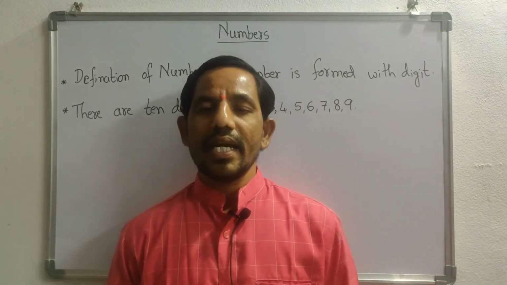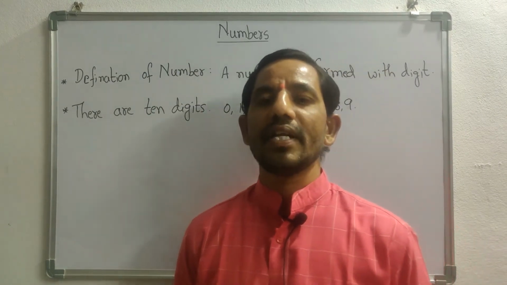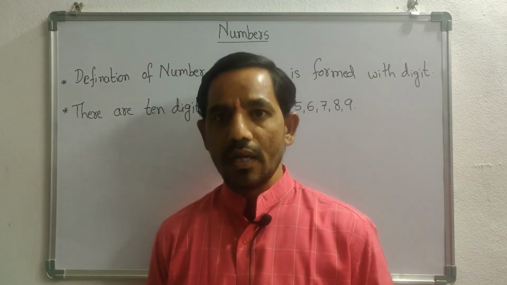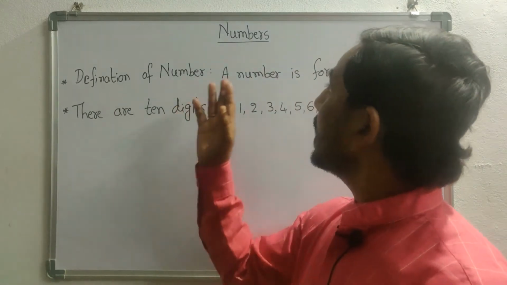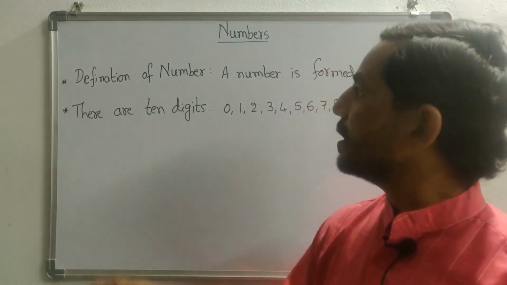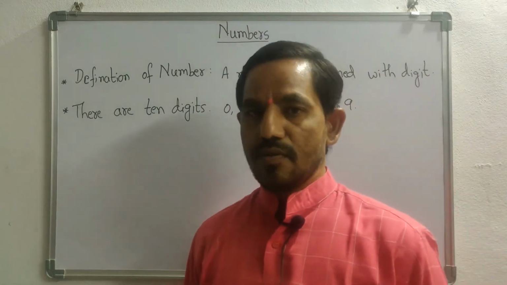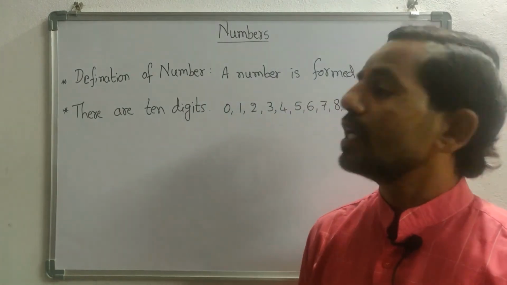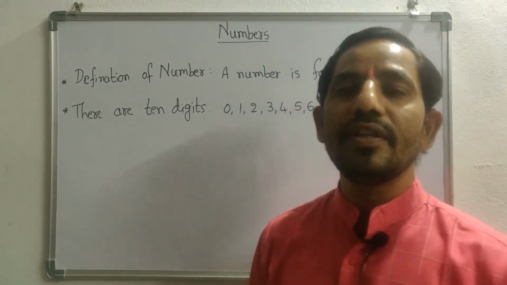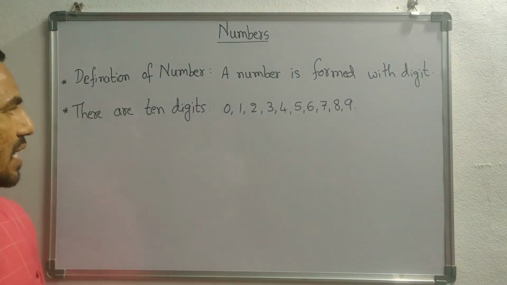We are back. Yesterday we completed types of triangles and properties of triangles. Today we will discuss numbers and types of numbers. Definition of number: a number is formed with digits.